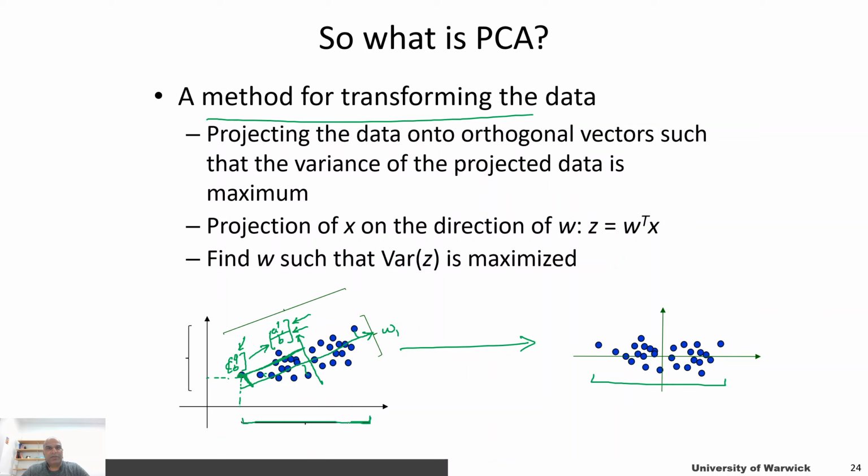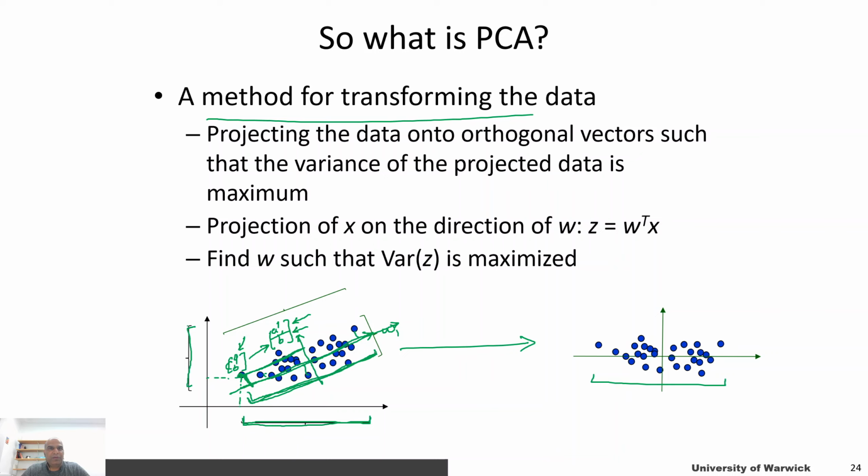For this particular case, it's going to be this much spread. And along this y-axis, the amount of spread is probably going to be this much. Then identify the direction of maximum variance, which is this one, and measure how long this is.